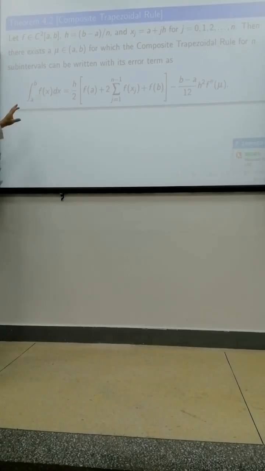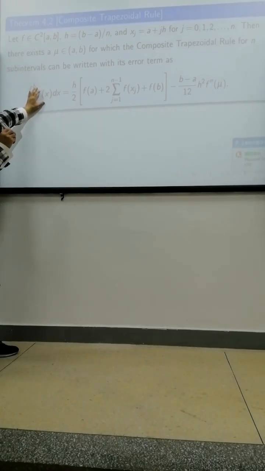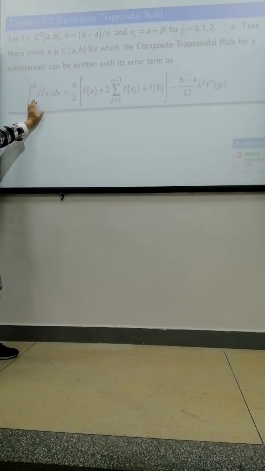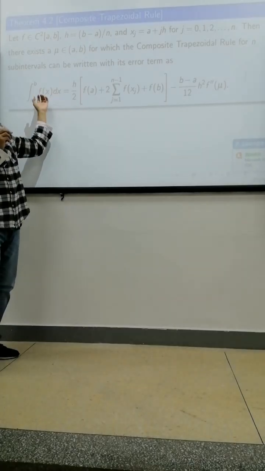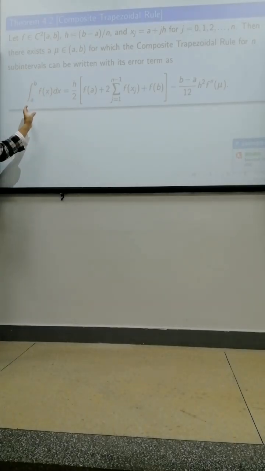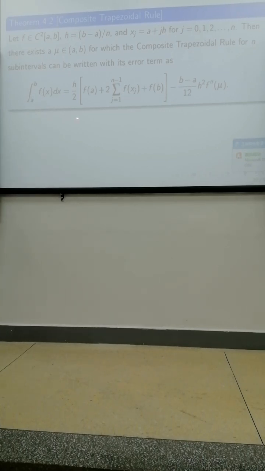Here, for the composite Simpson's rule and composite trapezoid rule, we have not shown you the example here, but you may do exercises by yourself to find examples to train yourself, because this kind of question may appear in your final examination.